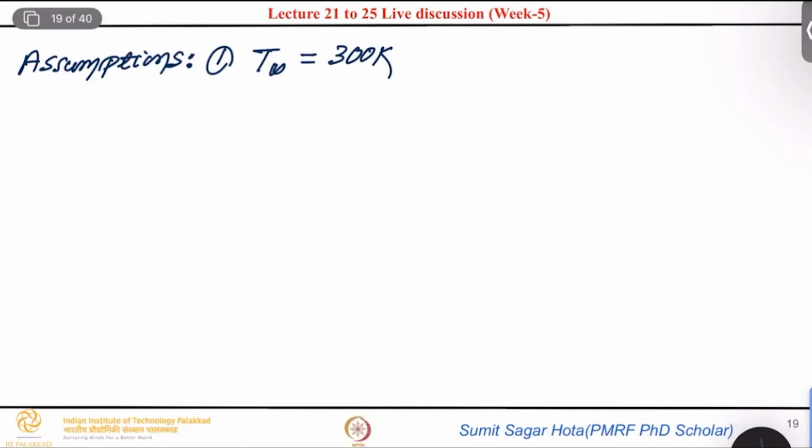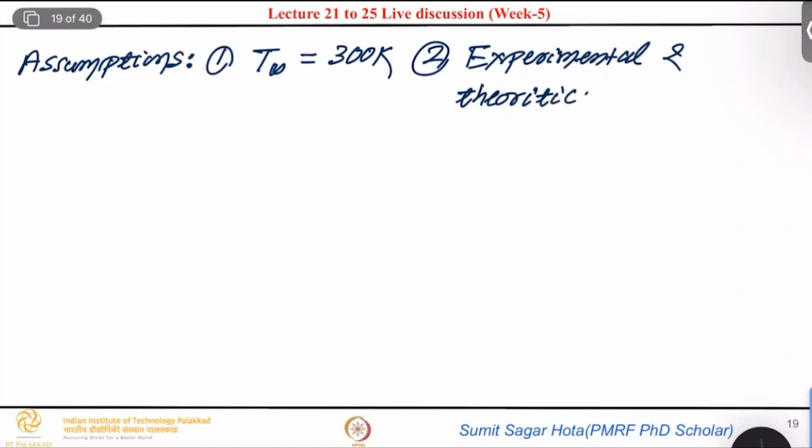The second assumption is that experimental and theoretical flame lengths are equal.